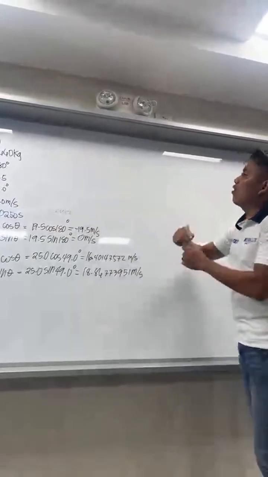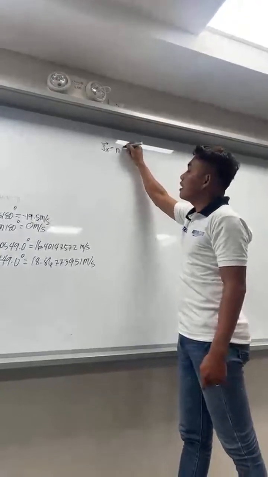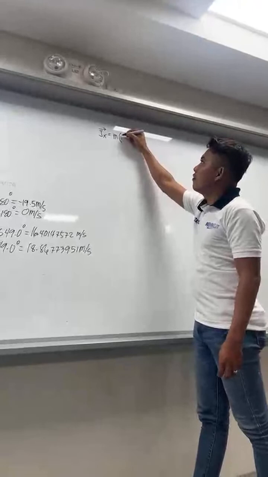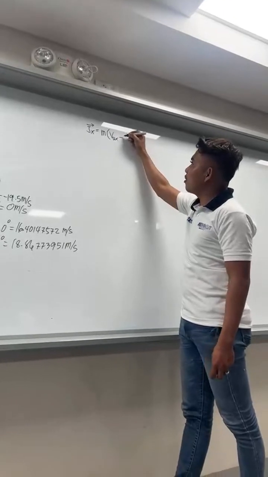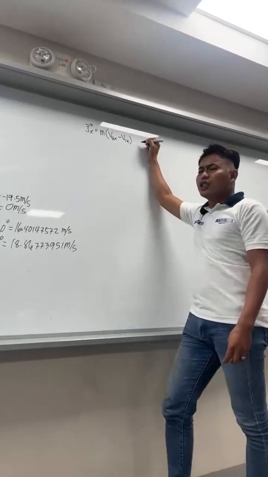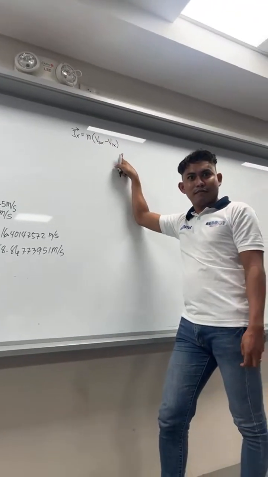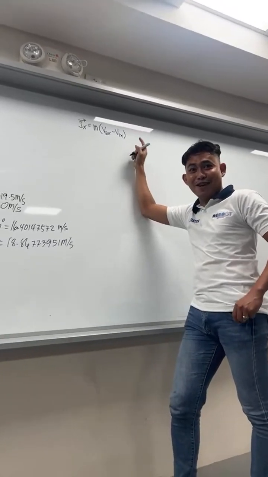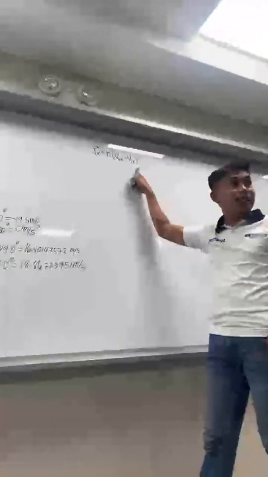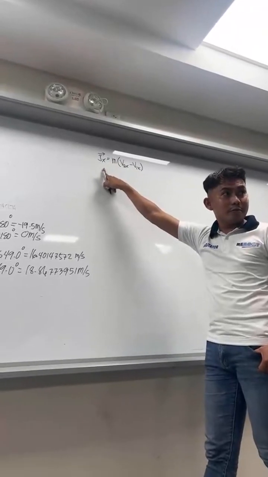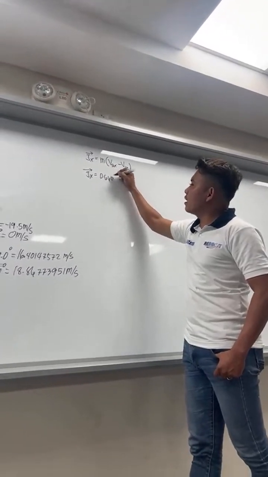The impulse of the x component formula is mass times change in velocity of x: final velocity of x minus initial velocity of x. Let's substitute. The mass is 0.660.